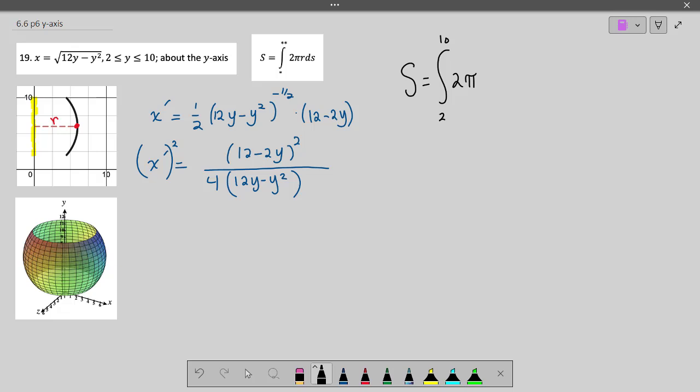Horizontal means function of y, which means write it as an x value. So this, you call that a function of y, or you can say you've isolated x, or you've written it as an x value, however you want to think about it. That is going to be the radius right there. So square root of 12y minus y squared.